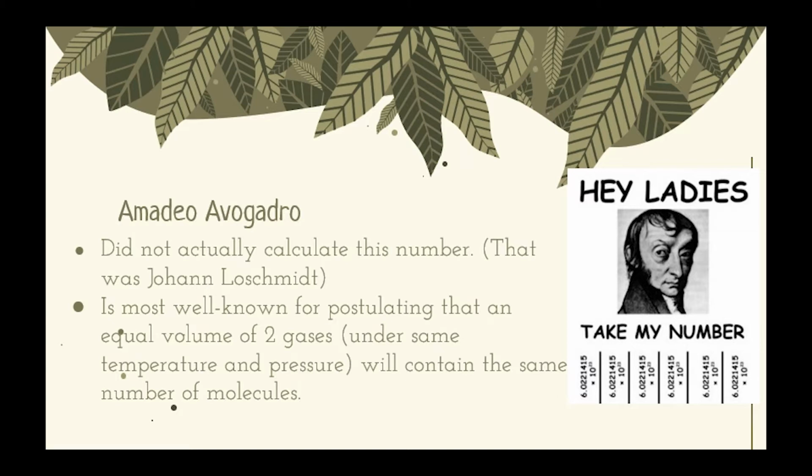Avogadro, on the other hand, is most well known for postulating that an equal volume of 2 gases under the same temperature and pressure will contain the same number of molecules. And it's that principle as to why this works, where 1 mole of any element will contain Avogadro's number, 6.02 times 10 to the 23rd, number of atoms.